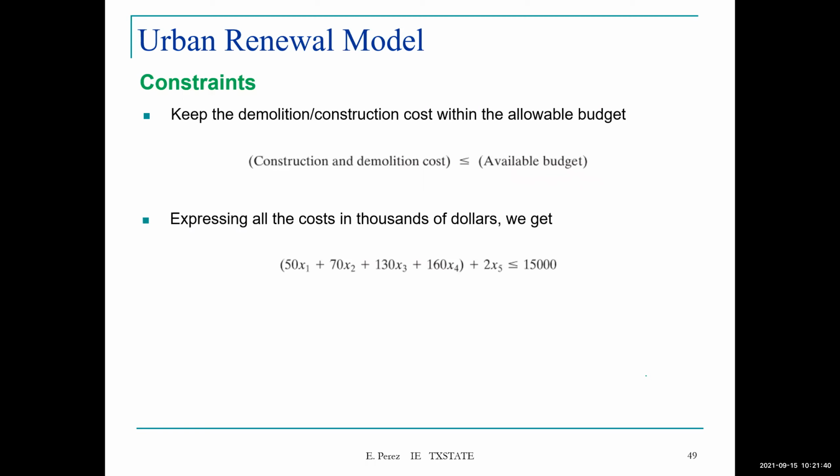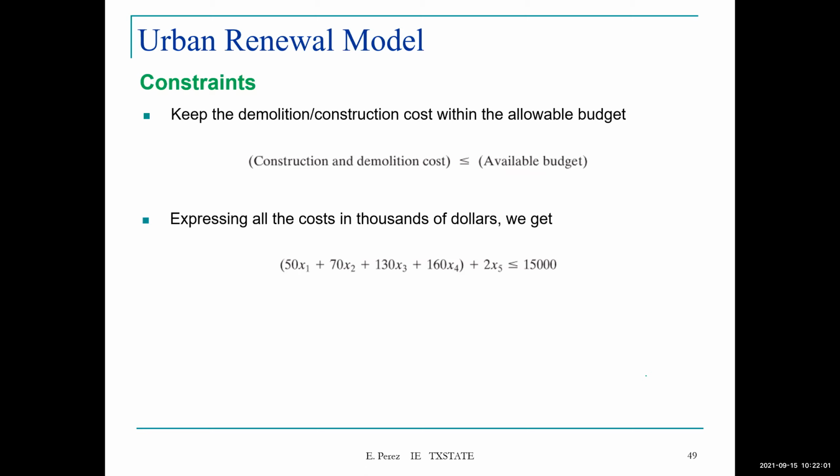Keep the demolition and construction costs within the allowance budget. So we now have this construction and demolition cost, and the available budget is 15 million. We are expressing everything in terms of thousands of dollars, so that's why you see 15,000.